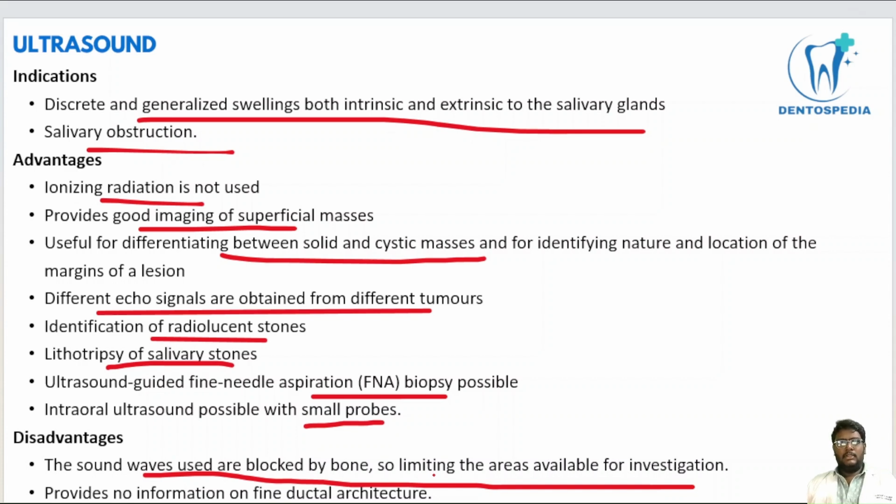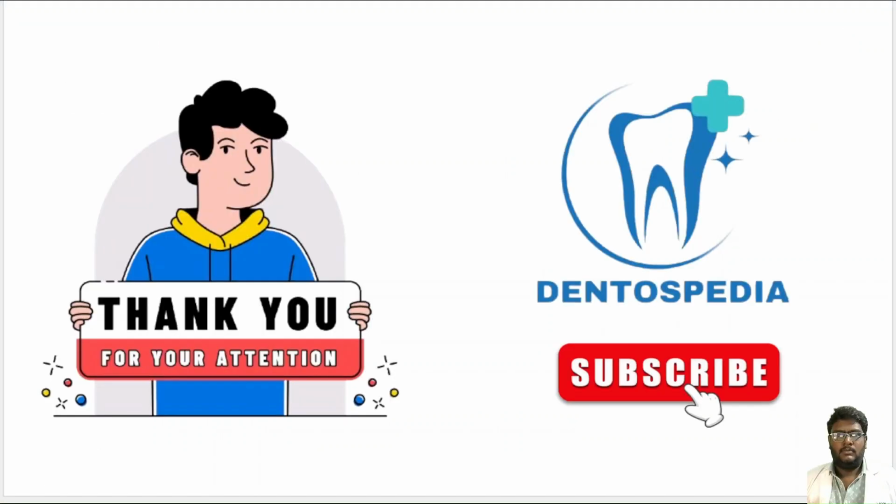Suppose you are suspecting a tumor in the mandibular third molar region, especially the ramus region. In those cases you can't use ultrasound much because of the presence of bony structures around it. And it provides no information regarding the ductal architecture. That's a major disadvantage, because in cases like calculus we can't use ultrasound since it doesn't give much information.